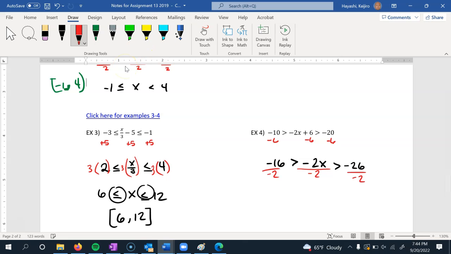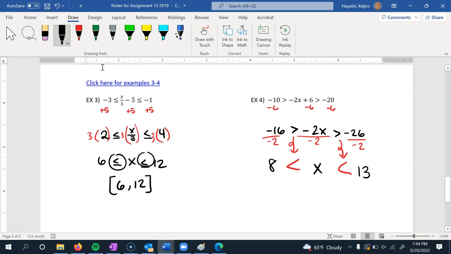Flip the signs. There are 2 signs. Flip each of them. Left-hand number is positive 8, and the right-hand number is 13. So x is in between 8 and 13. So it'll be parenthesis 8, comma, 13 parenthesis.